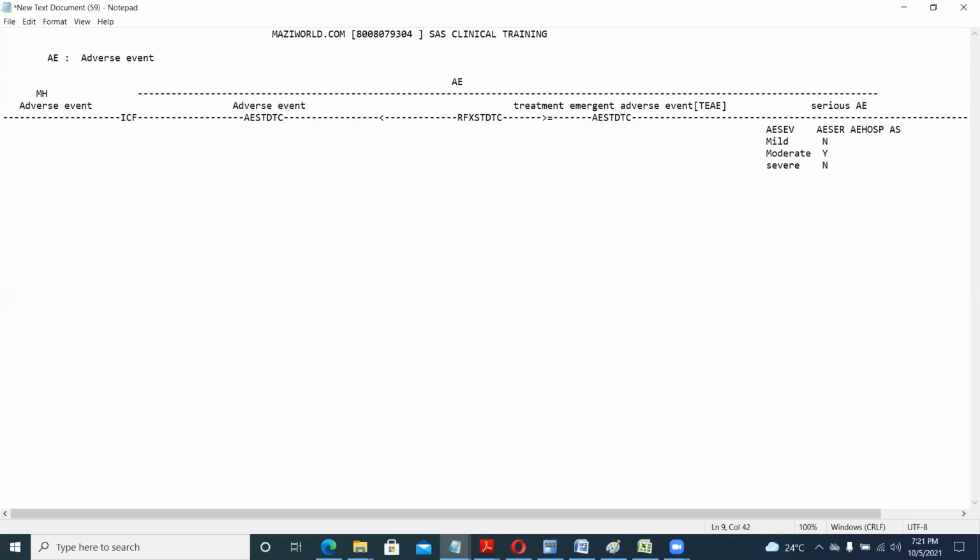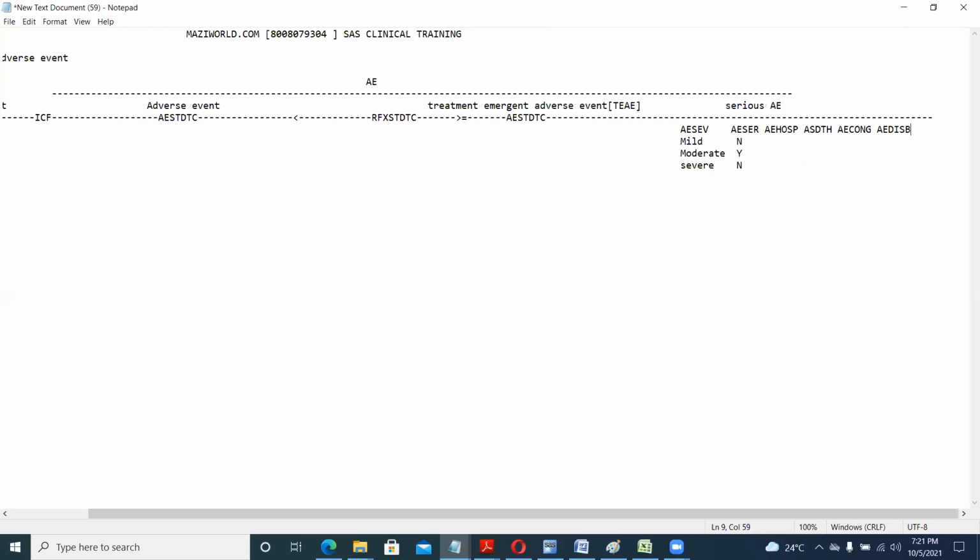Or AE death, sometimes there is a possibility that death may happen. Or sometimes you're going to have AE congenital anomaly, or sometimes AE disability, or sometimes AE SMIE. So these are the different types of variables. Out of this, any one or two or three, etc., there is a possibility.